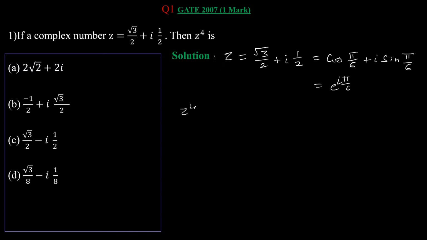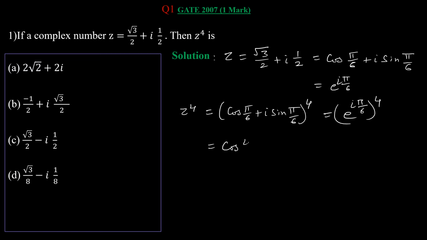So z to the power 4 will be, either you can write cos pi by 6 plus i sine pi by 6 whole power 4, or you can write e to the power i pi by 6 and power 4. Here, by using de Moivre's theorem, you can write cos 4 pi by 6 plus i sine 4 pi by 6.